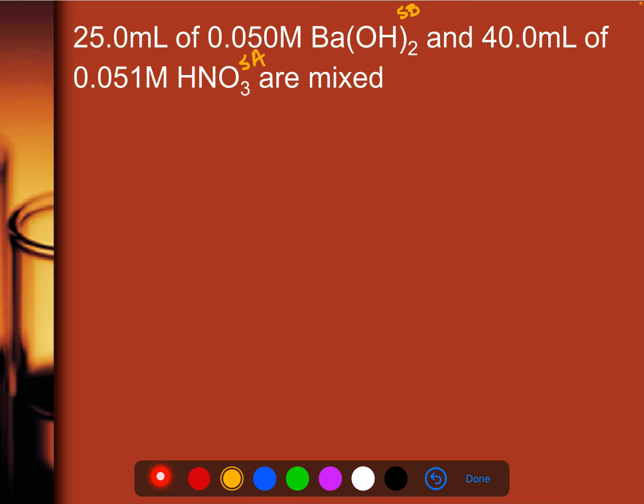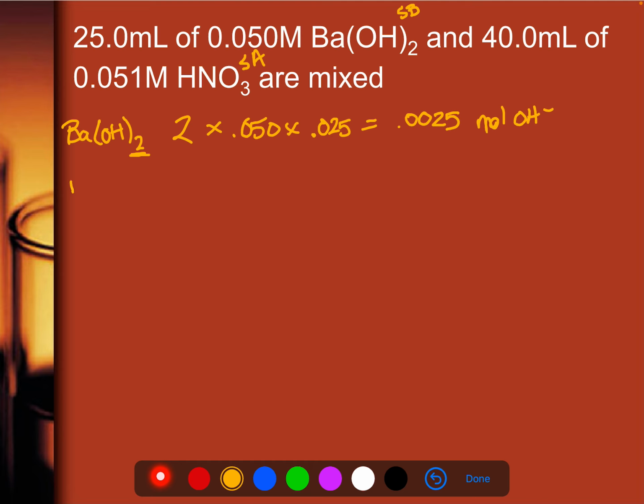So same thing, we need to find moles of each one. So for barium hydroxide, looking at the hydroxide, there are two hydroxides. So we do have to multiply by 2. Our molarity is 0.050. Our volume is 25 milliliters, so 0.025 liters. That is going to be 0.0025 moles of hydroxide.